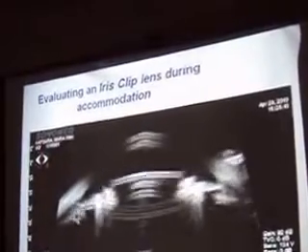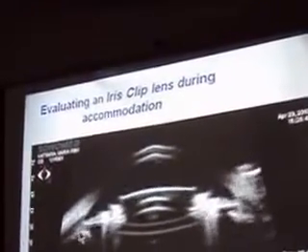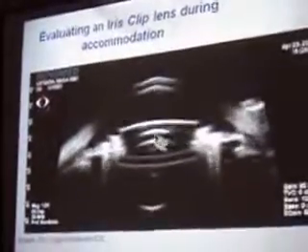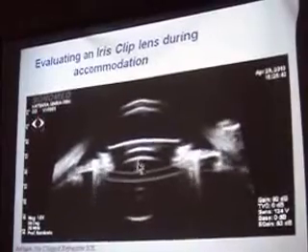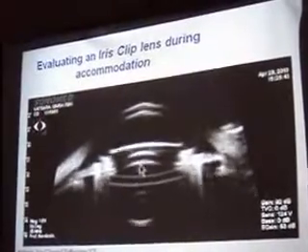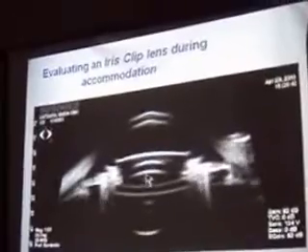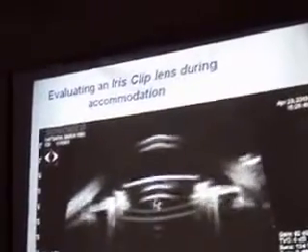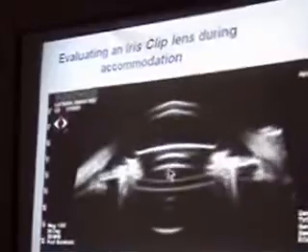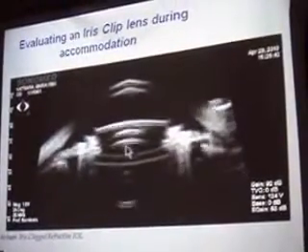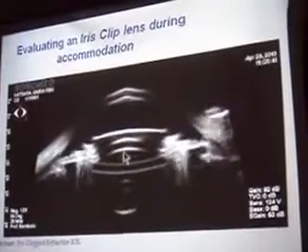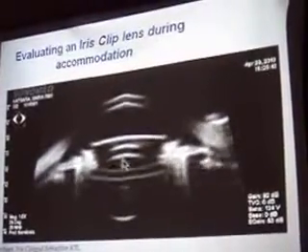We were trying to push some accommodation in this patient, in order to evaluate the vaulting of the crystalline lens and how big an impact the natural crystalline lens change of curvature during accommodation will have, or how close it will get to the implant, which is fixed on the iris. It seems that there is no real effect on the vaulting of that lens. The vaulting remains on the safe side, no matter what you do.